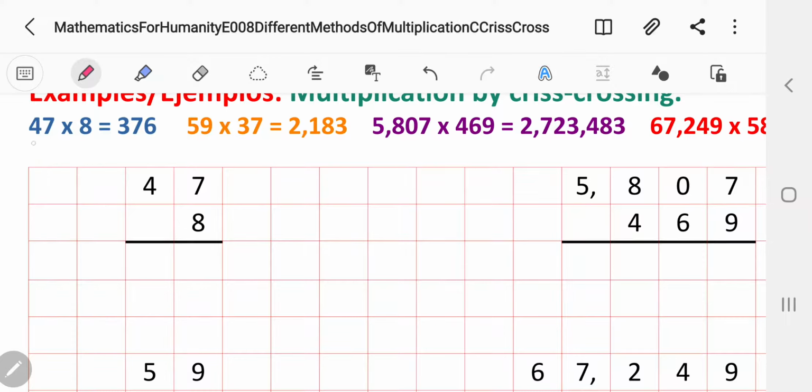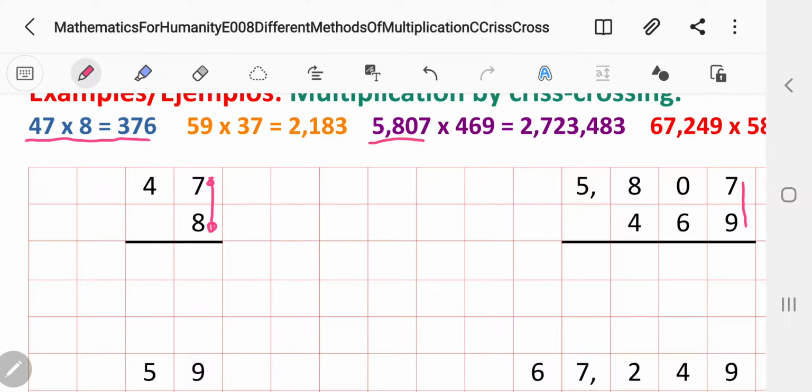In this case, we're starting with the first numbers here. 47 times 8, we start with writing the numbers vertically, like 47 and 8, and we make sure that the units digits are aligned. Like here, for example, you have 7 and 9.